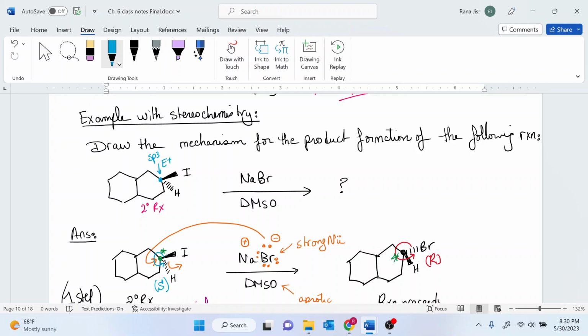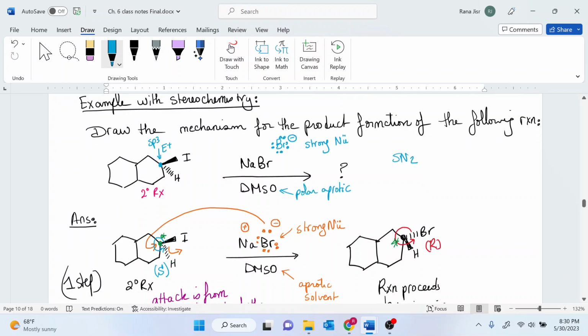And the bromine is my nucleophile, and since it is negative in there, this is going to be a strong nucleophile. My solvent is a polar aprotic solvent. So all the conditions here indicate that I have an SN2 reaction. So it is a one-step reaction.